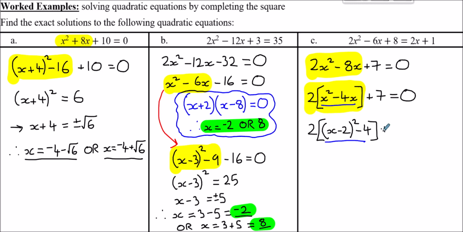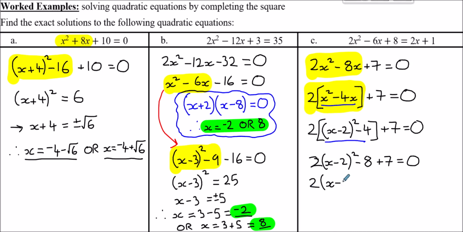And then plus 7, of course, that equals 0. We can now expand this out, so we have two lots of x minus 2 all squared. 2 times -4 is -8, plus 7 equals 0.